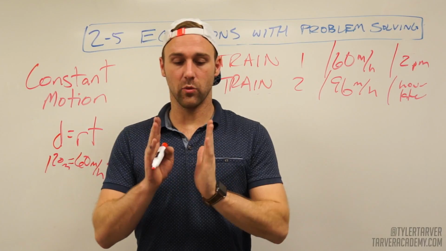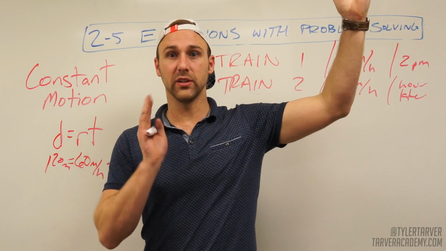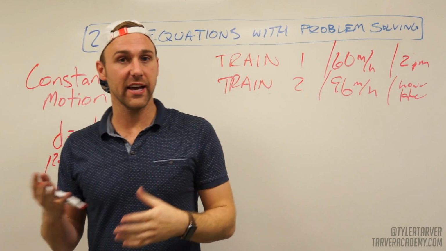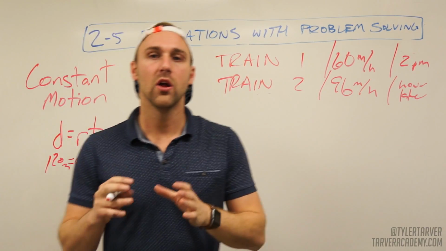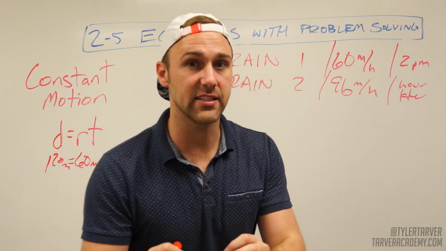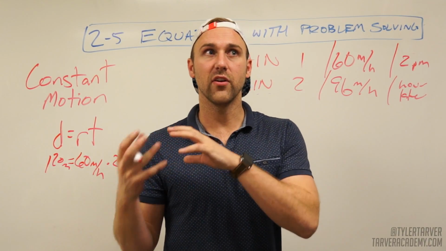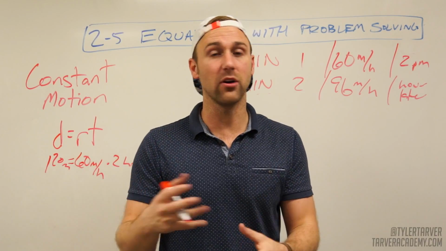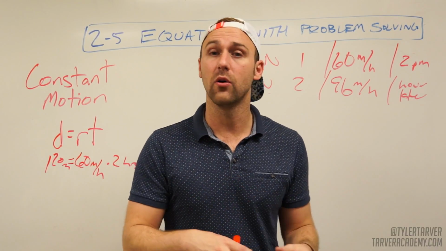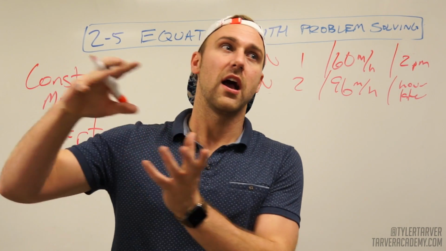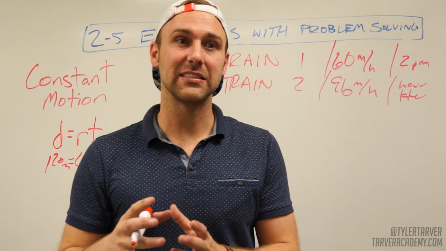What time are they going to meet up if the faster one leaves later? I know how fast they're going, I don't know how much time it's going to take, and therefore I don't really need the distance yet.